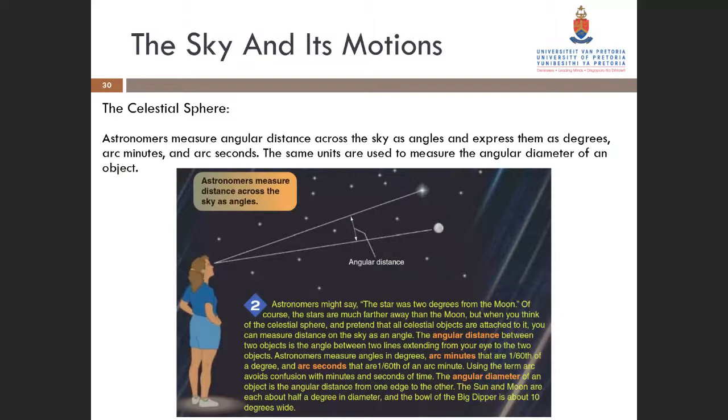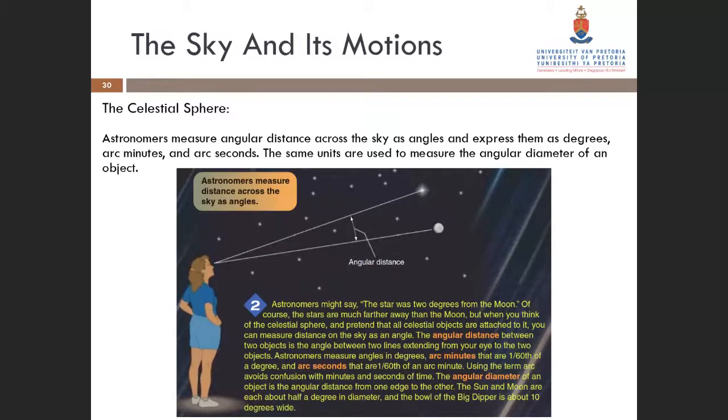Astronomers measure angular distances across the sky as angles and express them as degrees, arc minutes, and arc seconds. The same units are used to measure the angular diameter of an object. I know the math of arc minutes and arc seconds you're going to do in calculus this year as well, but this is how we calculate distances.